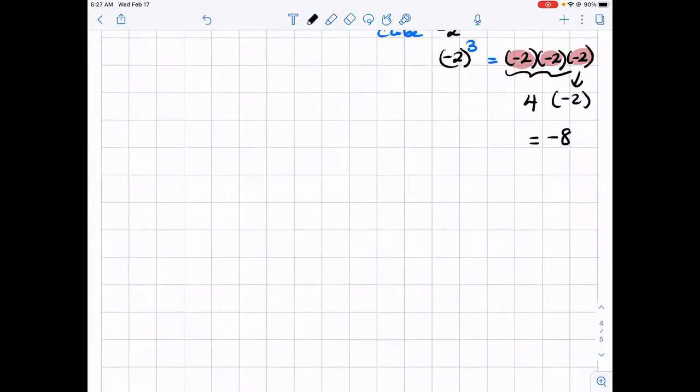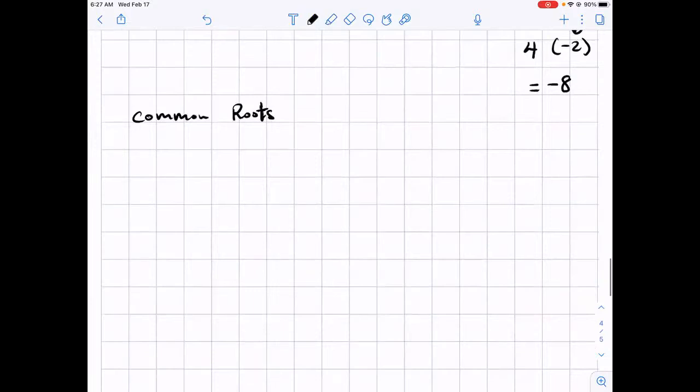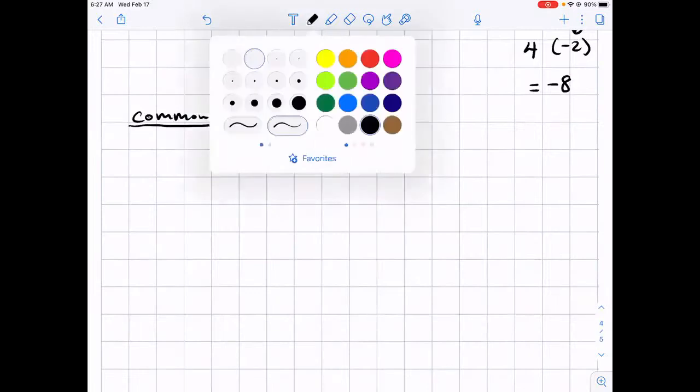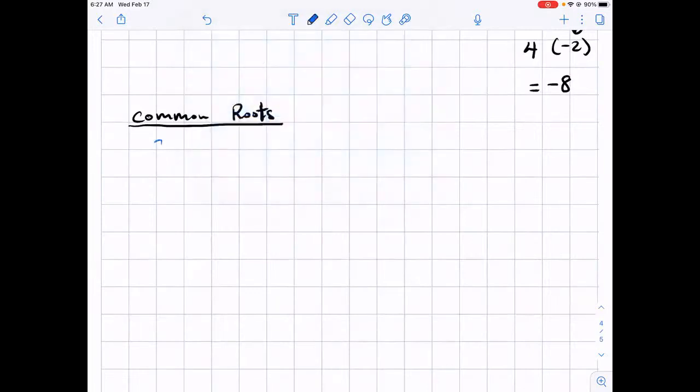So for square roots, common roots, we will look at square roots, and then we can also look at cube roots. And we could even look at some fourth roots.